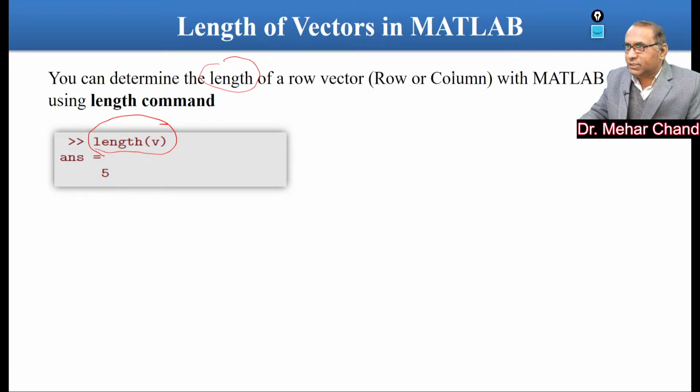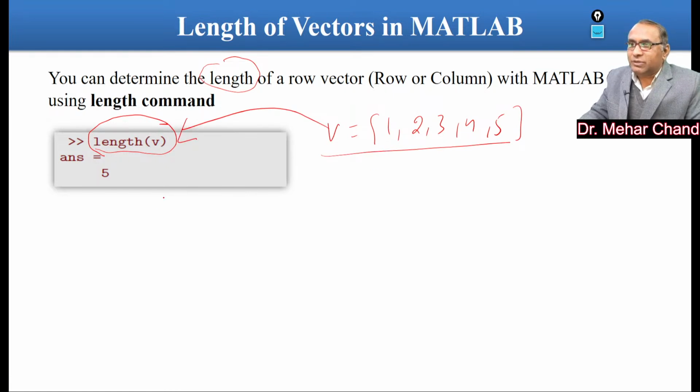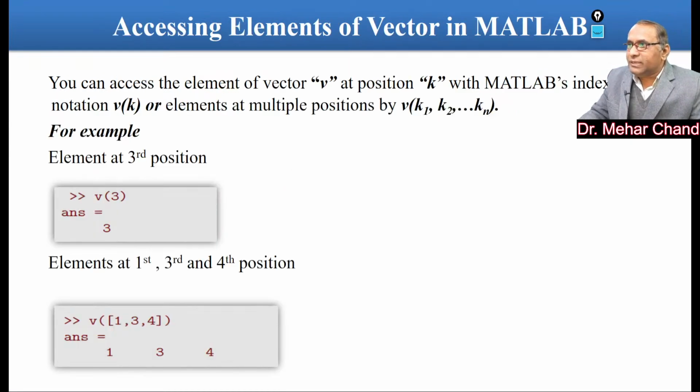We use only the length command, and you see that if we have v is equal to 1, 2, 3, 4 and 5, 5 elements are there, and when you will use this statement and when you will enter, this is the answer. This is the answer because there are 5 elements. The length of the vector is 5. Okay, in this way we can use.